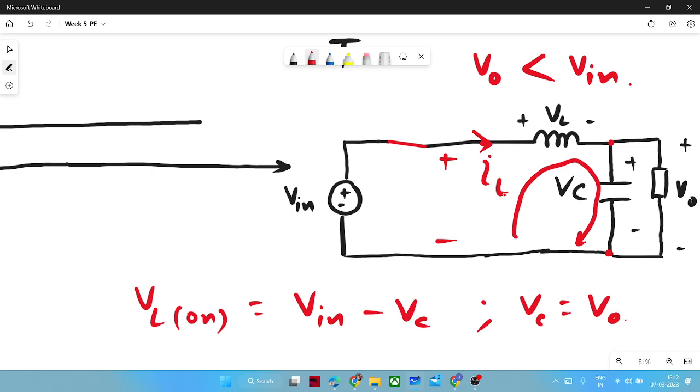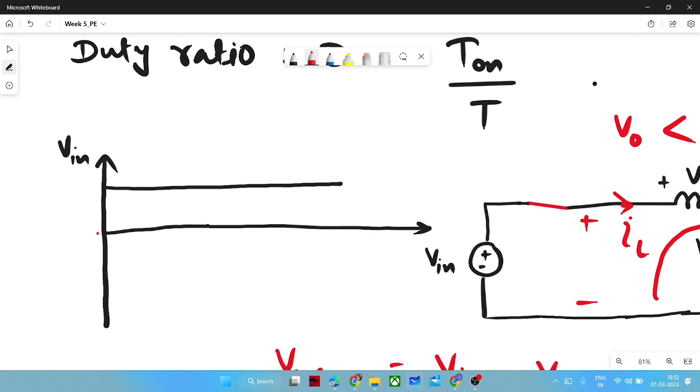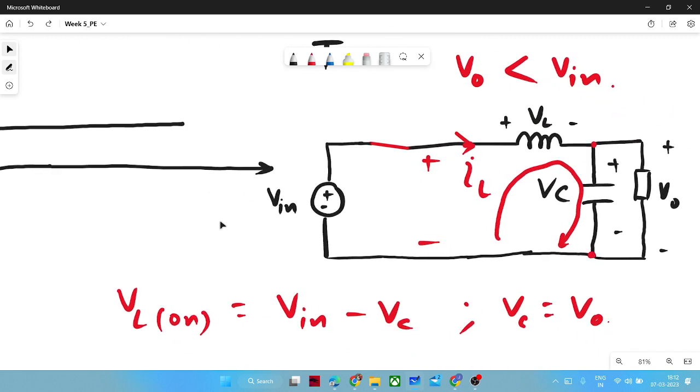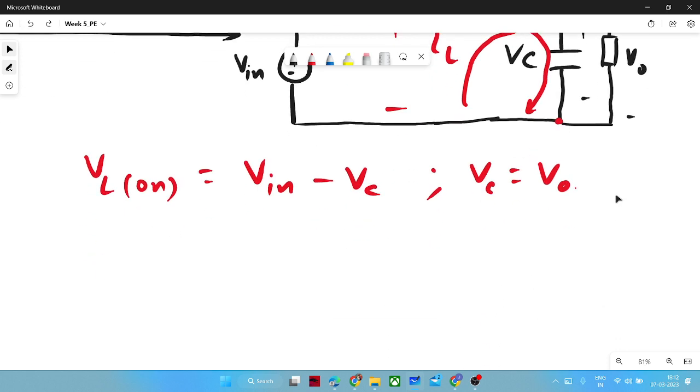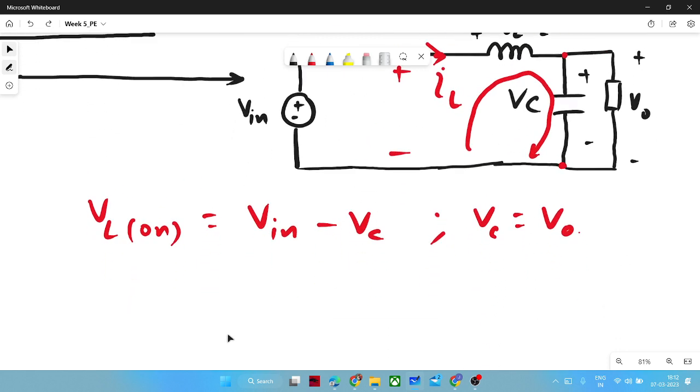Okay, it will be charging and discharging. So let me tell you its characteristics will be something like this. Okay, first it will charge, and then when it will see the negative voltage across it, it will get discharged. So we will plot that curves as well. Fine. So that was it during turn on.